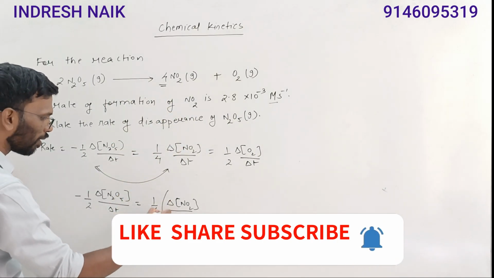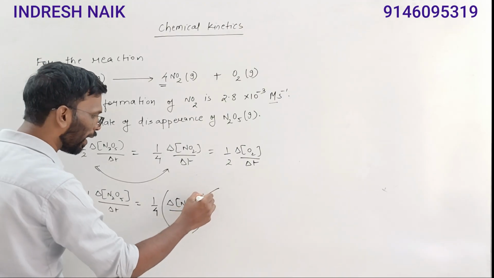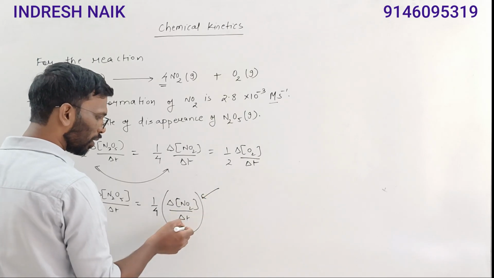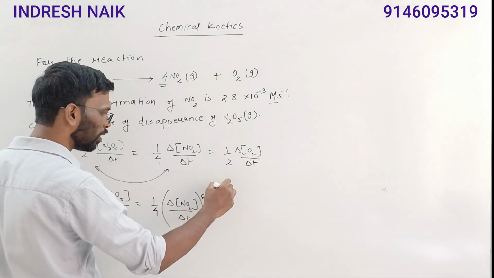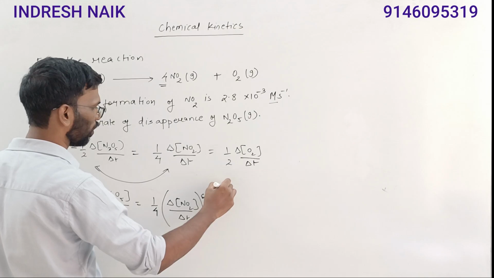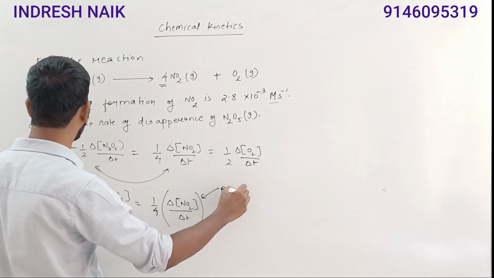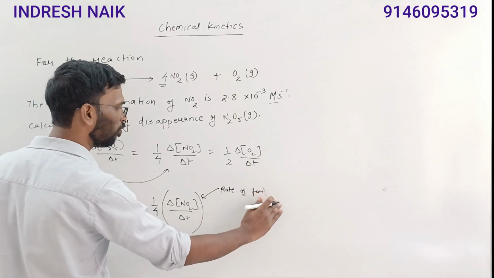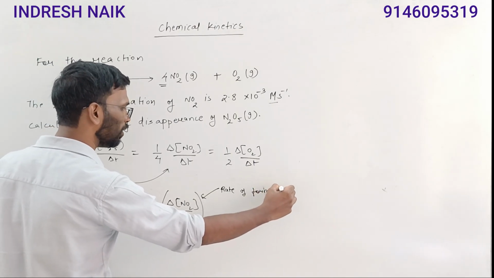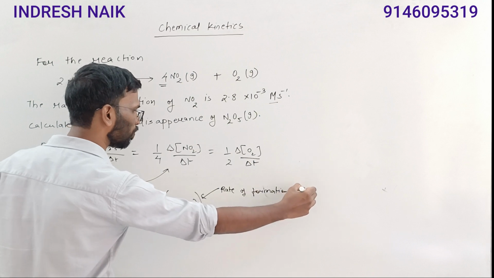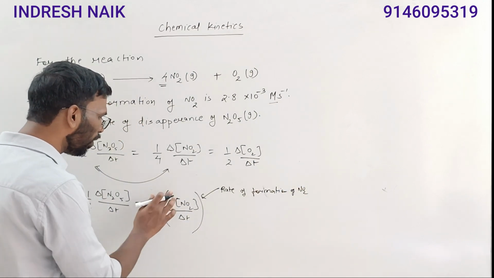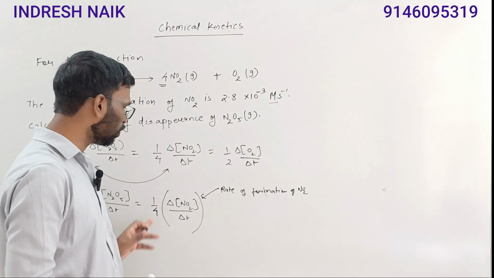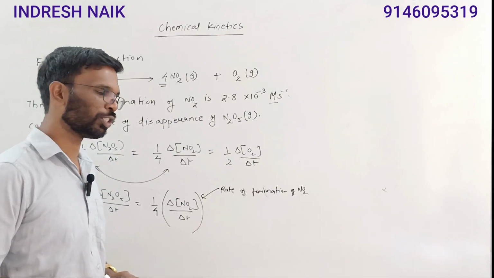Without this part, what is this bracketed term, the round brackets? This represents what? Rate of formation and not a rate of reaction. Rate of formation of NO2. And with this 1 by 4, what will it become? Rate of reaction. If you include this 1 by 4, it will be a rate of reaction.